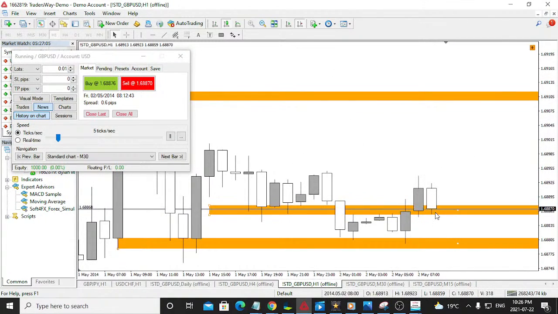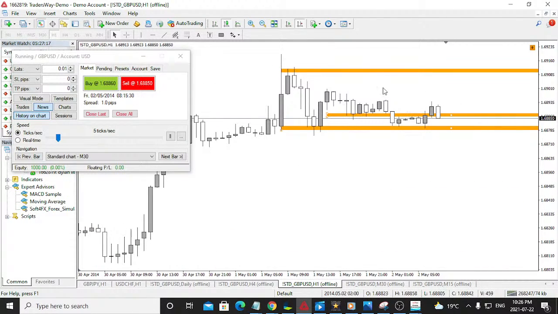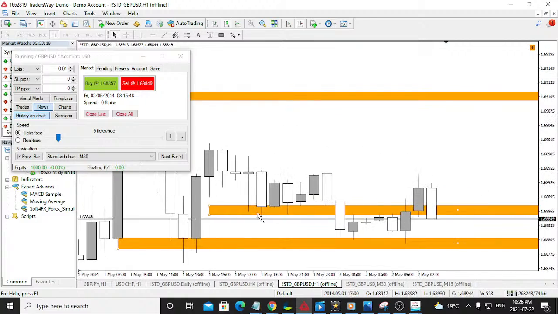Oh, if it breaks this low, then it's not a possibility anymore. It means that price is going to continue to break lows and more than likely just come in this area. But we'll see. Yeah, it just broke that low. Price is going to probably continue to break lows in this case.